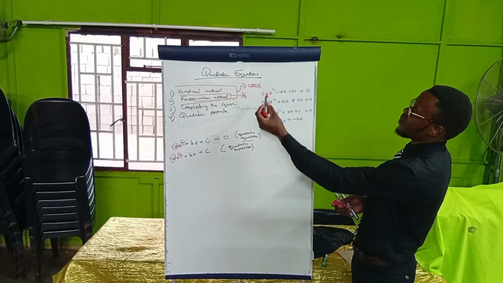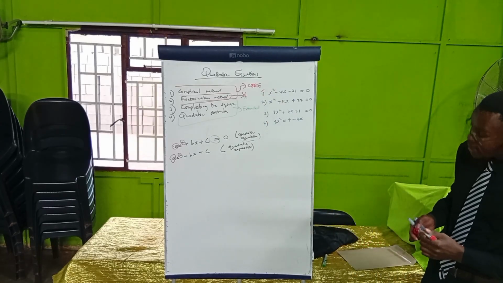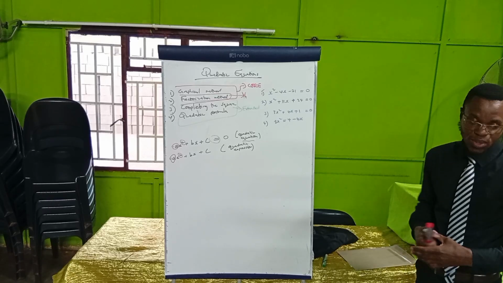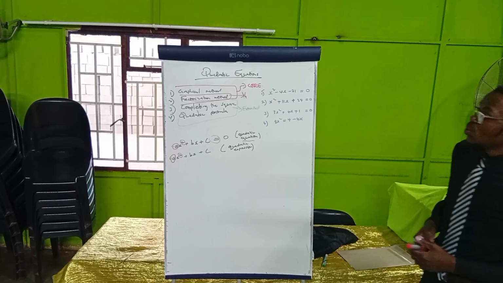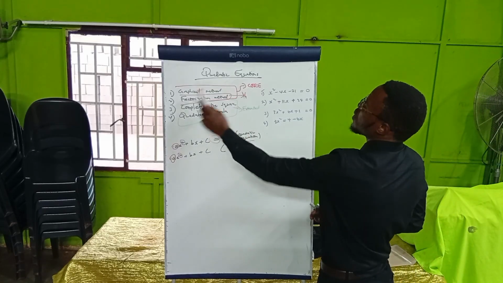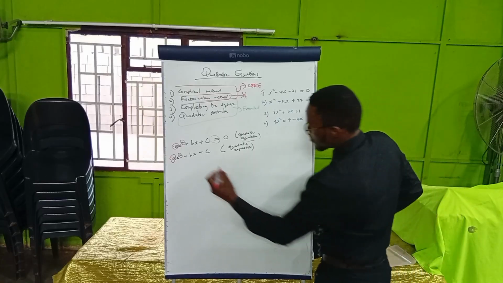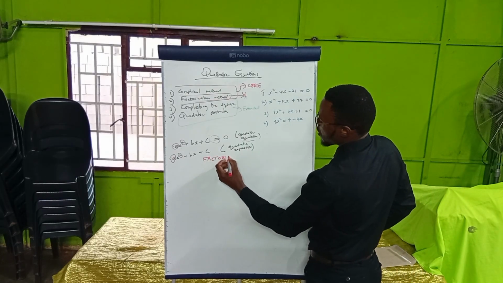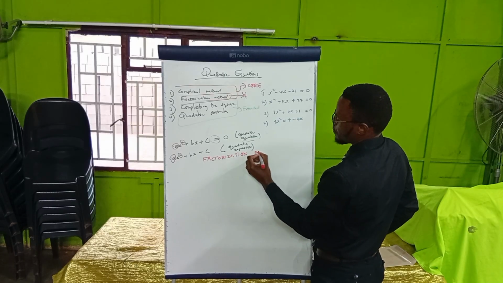In this case, the first one, we've got x squared minus 4x minus 21 is equal to 0. We are asked to solve that one. So notice that I mentioned that we are using the factorization method. When you are using the factorization method, it basically means we will be doing some factorizations to solve this.